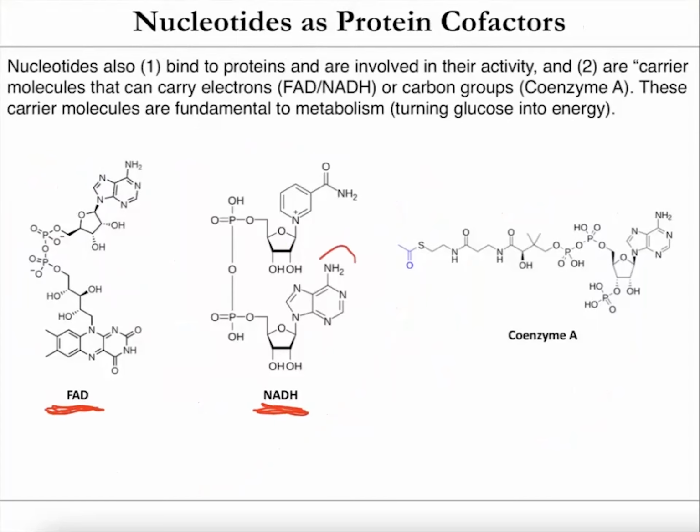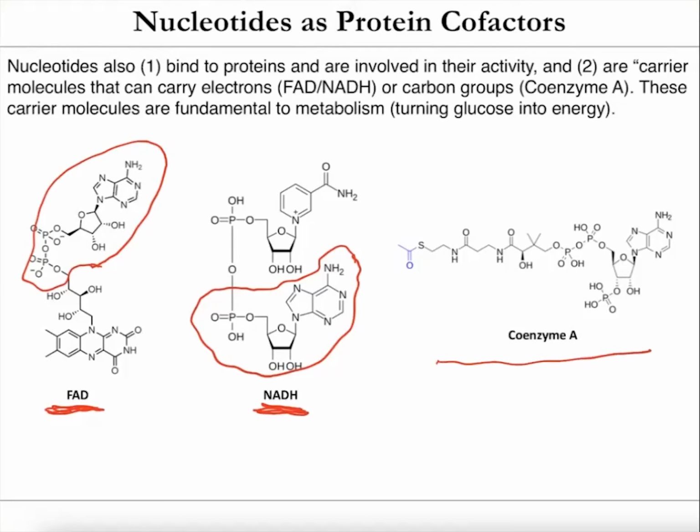They both contain nucleotide portions in their structure, as you can see right here. And these are really important for metabolism. These molecules will take electrons from these carbon-based molecules that you ingest, like glucose, and then transfer them so the energy in those electrons can be used to make ATP. So those are really important.